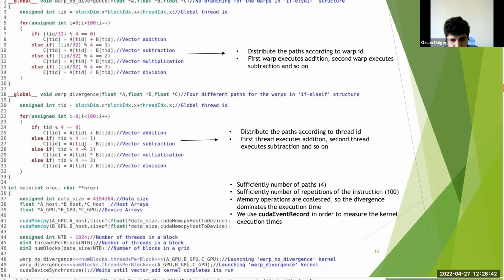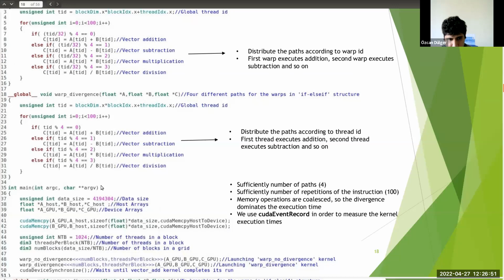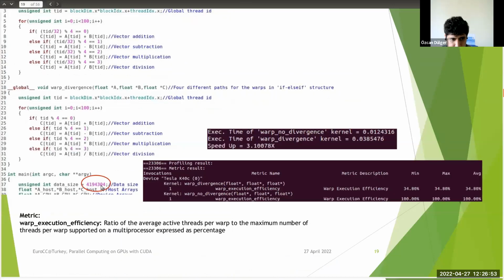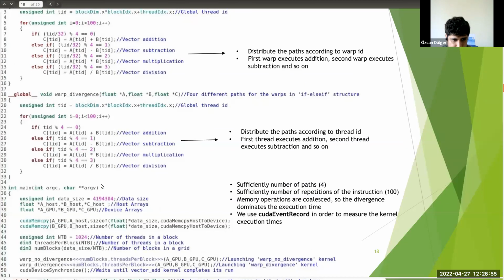Again, we use CUDA event record to measure the kernel execution time. Again, our number of threads in a block is 1024. Data size is 2 to the power of 22. We call both kernels consecutively.